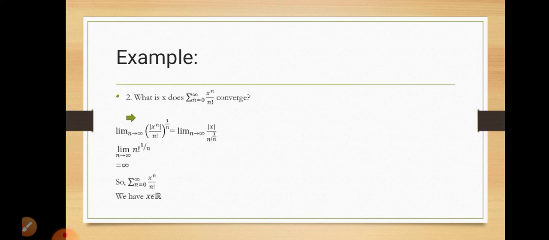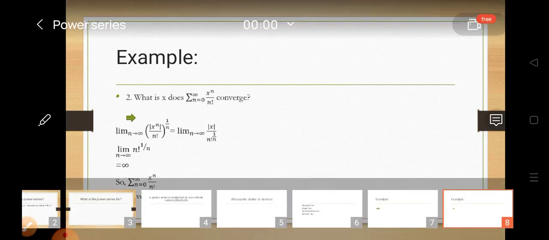The limit as n approaches infinity of n factorial to the power of 1 over n is equal to infinity, which can be shown easily. So we have the summation of n equals 0 to infinity of x to the n over n factorial, where x is equal to any real number. So that's all, and thank you.